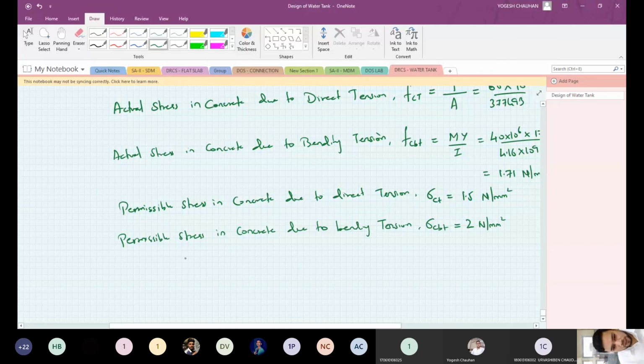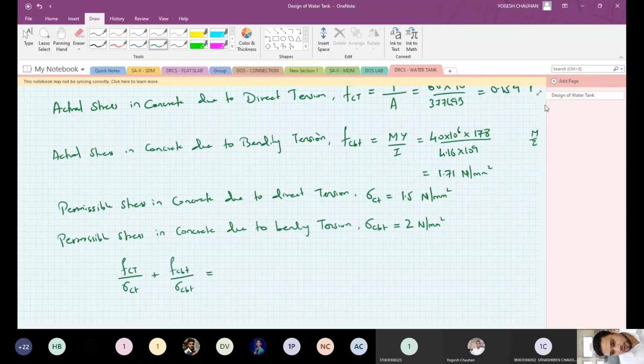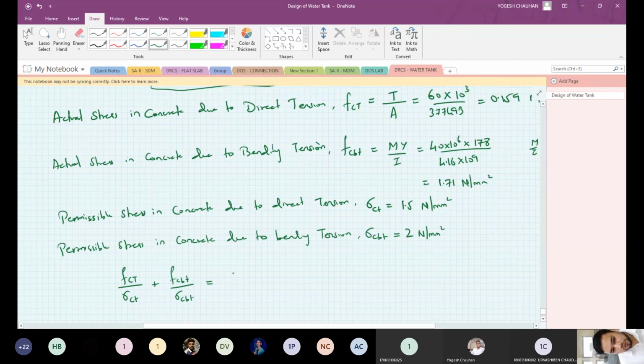So your ratio FCT divided by sigma CT plus FCBT divided by sigma CBT is equal to 0.159 divided by 1.5 plus 1.71 divided by 2.